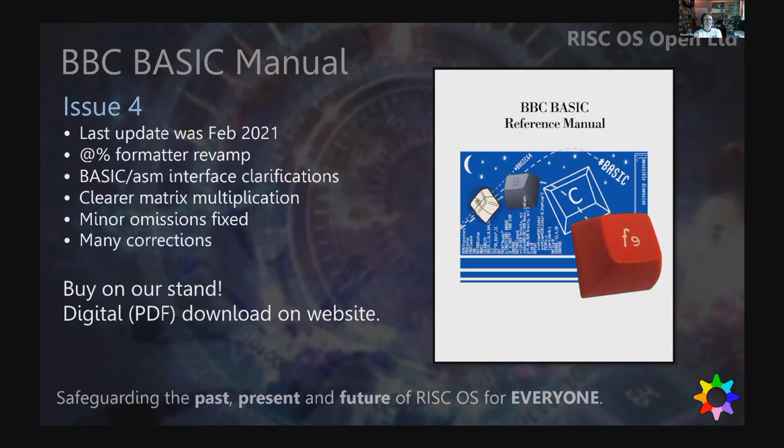So the guys at RULE said, why don't you just update the manual? And so the side project was that I went and created a new issue of the reference manual, which corrects all of those. And that was published, I don't know, about 6 months ago now. So you can buy that from the RULE website if you want, or you can even download it for free as a PDF. But there you go.